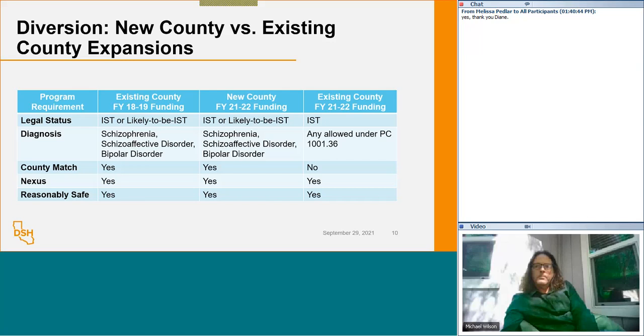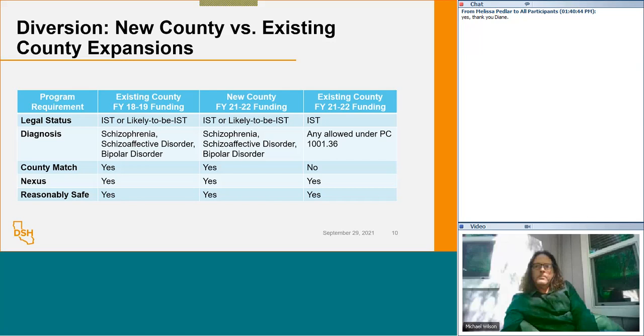And so for you new counties coming in fiscal year 21-22, you have the exact same requirement. So the program that we are going to be moving you into is a mirror to our original 18-19 pilot program. And the last column is really, I think, just more for your information.